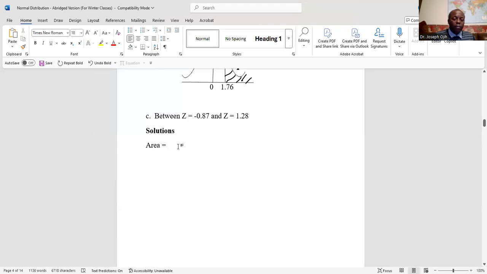Now we have two values, one of them is negative, one of them is positive. We can draw the charts to reflect that. Negative 0.87 and 1.28. So with that, we're ready to draw our charts.